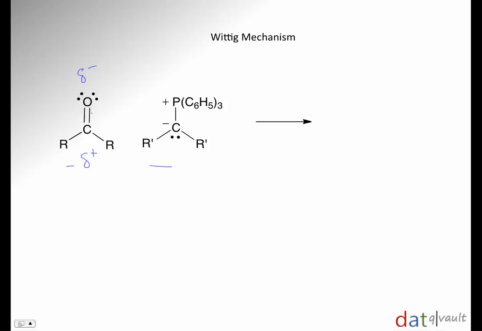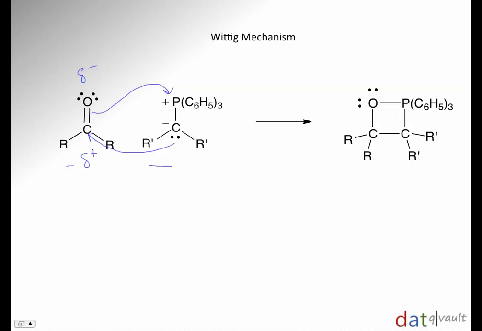The electron pair in this carbonyl carbon-oxygen double bond is going to come over and attack the positively charged phosphorus, and the lone pair of electrons on this carbanion is going to come in and attack the partially positive charged carbon of the carbonyl.